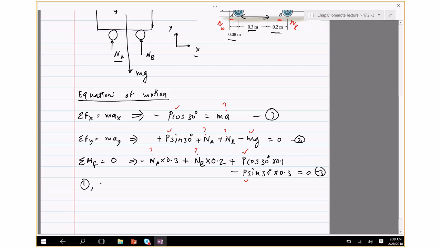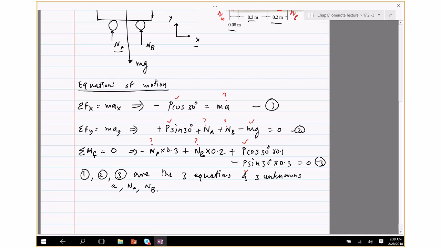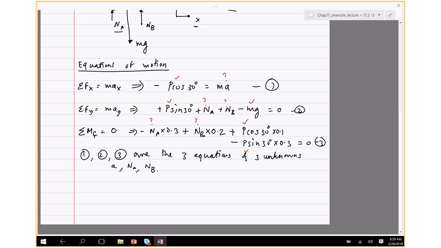So 1, 2, 3 are the 3 equations and 3 unknowns, which are A, NA, and NB.